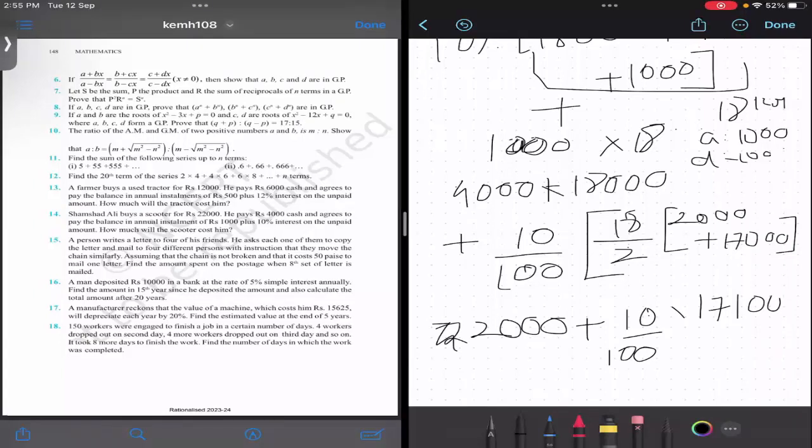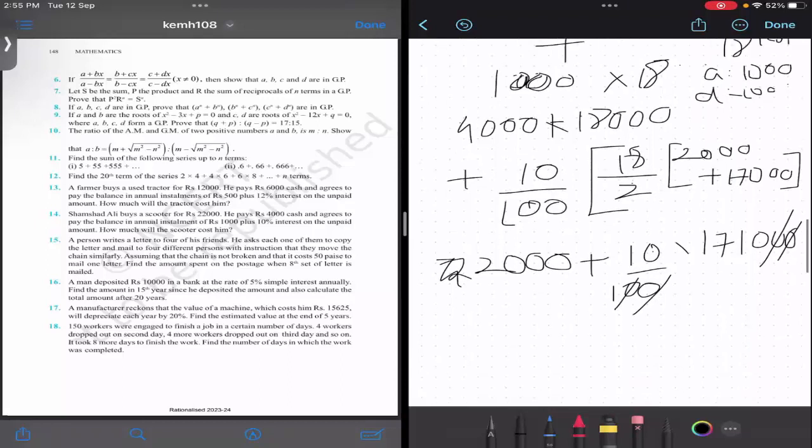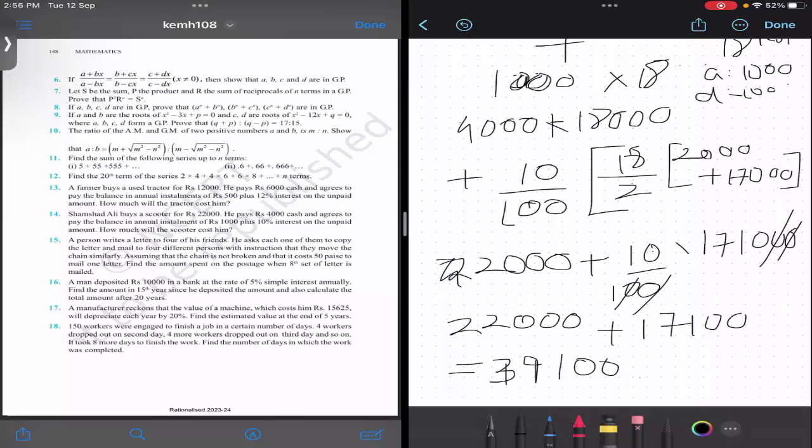I'm sorry, cancel out 0 and 0 right here. So the total amount that he is going to pay is 22,000 plus 17,100, and when we add this up, it's going to be 39,100, right?